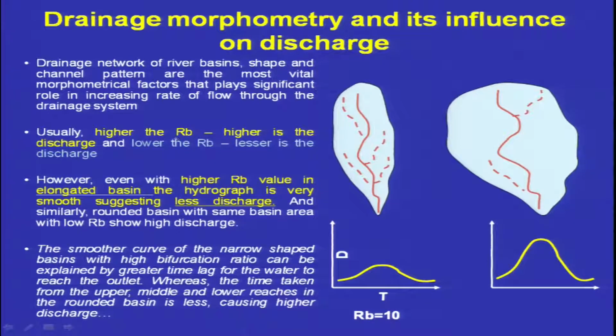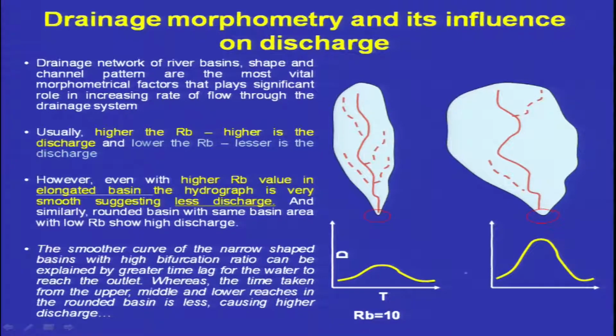So what we should have expected is a higher RB, higher discharge at this point. Now what has happened is that if you see the hydrograph here, it is very smooth. So the time lag between the peak flood and the rainfall is quite high over time. Okay. So this is because of the distance.